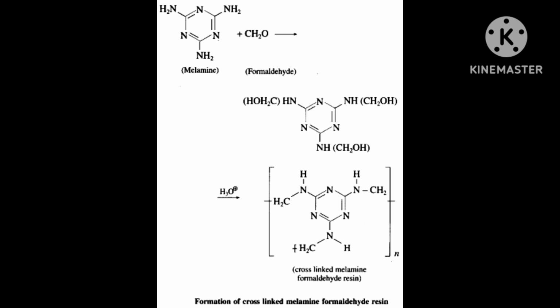OH was there on CH2, OH gone, then this CH2 joined with the other ring. Like that, if a third hydroxymethyl phenol comes, the same thing will happen. H and OH will go as a water molecule, and the third and second will join through CH2. Like that it will be a long chain.